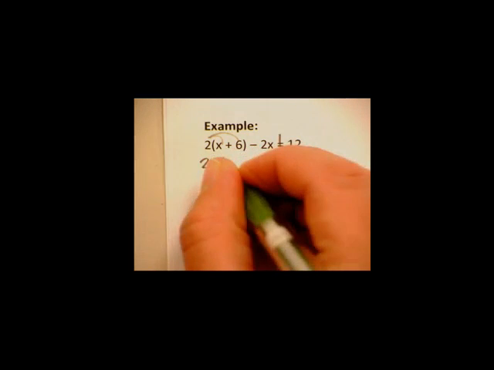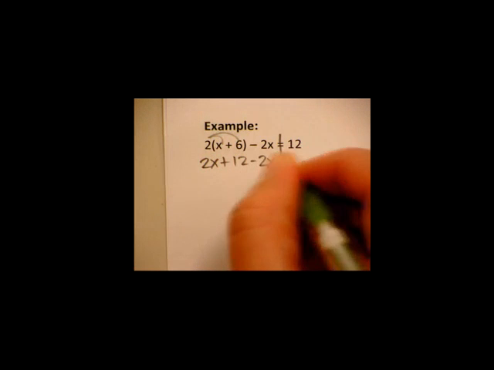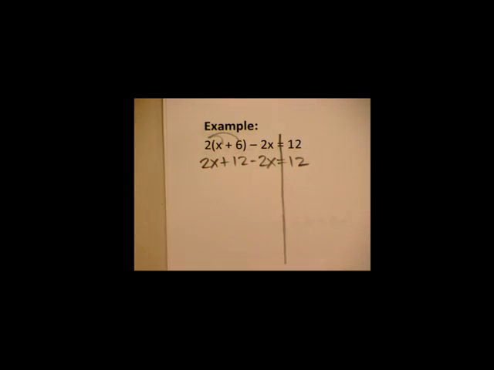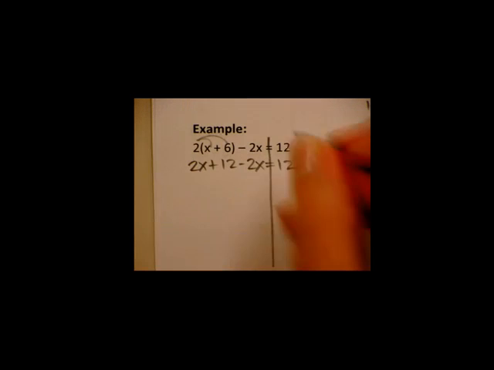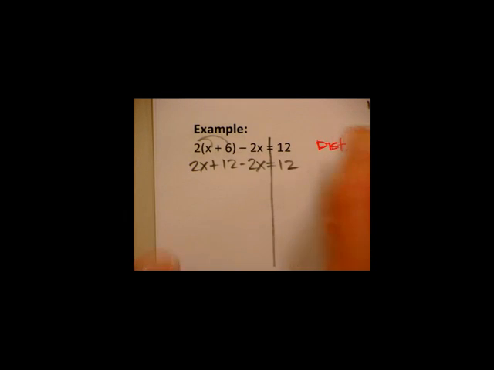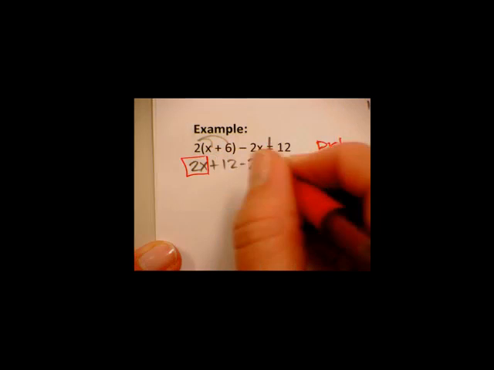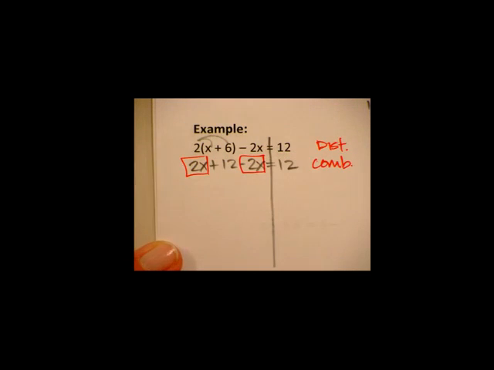I get 2x plus 12 minus 2x equals 12. So I distributed. Now I'm going to combine like terms. My like terms are positive 2x and negative 2x. Positive 2x and negative 2x actually cancel each other out, don't they?